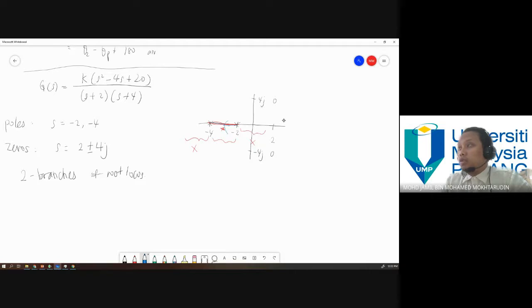Because there are two branches, one of them will go to one of the zeros, and the other one will go to the other zero. And it will intercept the JW axis at this crossing. Okay, so roughly the shape of the root locus you will get is something like this.